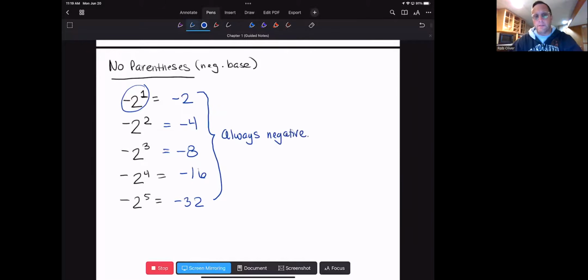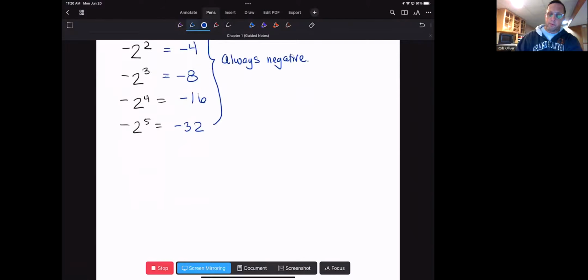So it doesn't matter if it's even or odd. That matters when there are parentheses, but when there's no parentheses, it doesn't matter. Because that negative is kind of floating out there, and it's not being affected by the repeated multiplication. So if I were to expand -2 to the fifth power, what that means is -2 times 2 times 2 times 2 times 2.